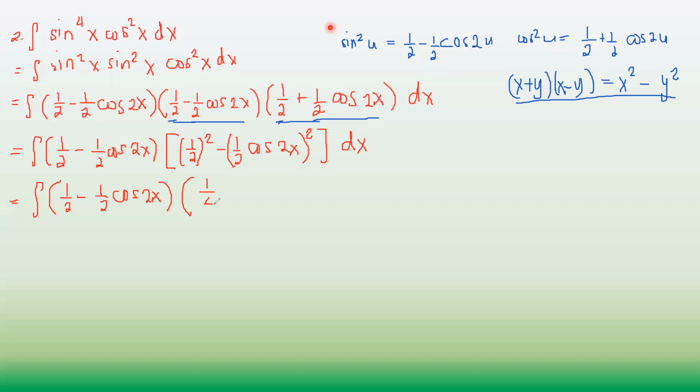So we have 1 over 4. Ito rin, 1 squared is 1, 2 squared is 4, cosine squared 2x dx. Square mo lang lahat, square yung taas, yung baba, square si cosine. So we have 1/4 cosine squared 2x.